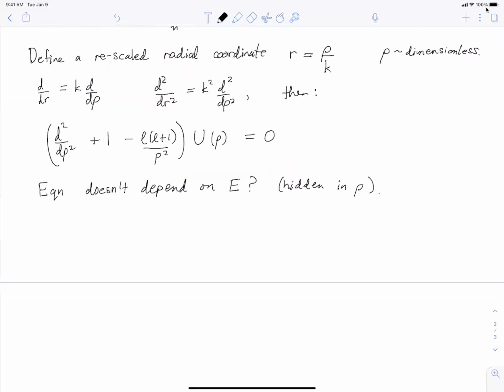So first, suppose that L equals 0. We'll come back to other values of L shortly. Okay, and so now this part isn't even there. And the equation's really simple, and you can even write down the solutions basically by inspection. There are 2 of them.